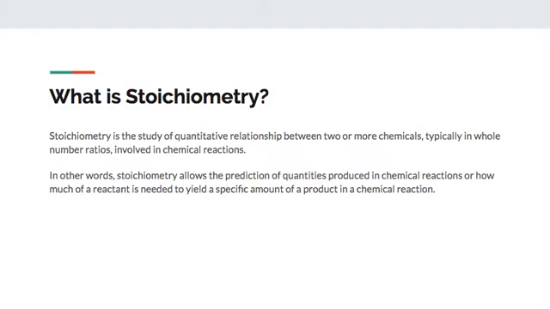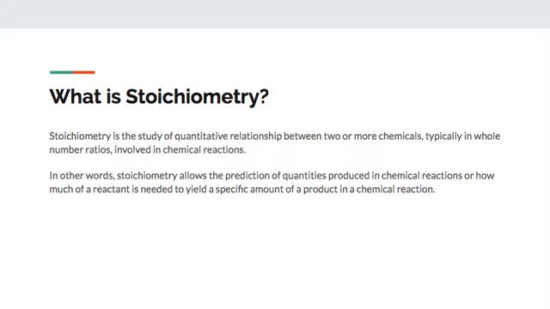So this video is about stoichiometry and the question, what is stoichiometry? Well, stoichiometry is the study of quantitative relationships between two or more chemicals, typically in whole number ratios, involved in chemical reactions. Well, that is a wordy sentence.